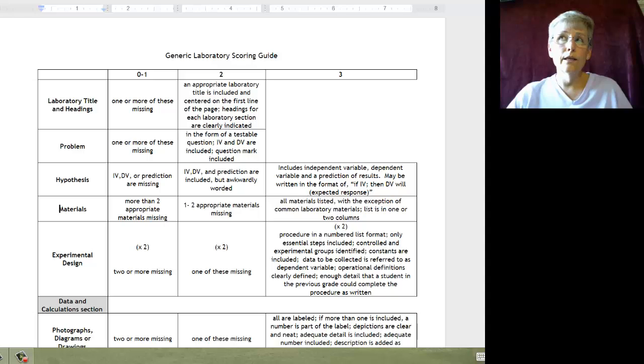You could measure the width, the diameter, or the circumference of the tree at a specific height. So how exactly did you define what you were doing? You must have enough detail that a student in the previous grade could go into a room with your procedure and the materials and nobody else in there and complete the procedure and get the same results you did.